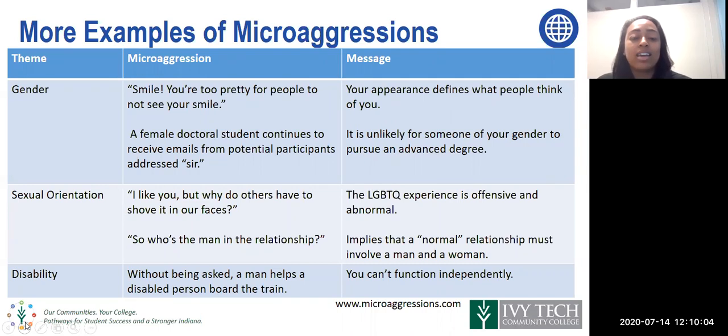The message someone could experience from that is, your appearance defines what people think of you. Another microaggression under the theme of gender is, a female doctoral student continues to receive emails from potential participants addressed "sir." The microaggression there is, it's unlikely for someone of your gender to pursue an advanced degree, so I'm automatically assuming that you must be a man.